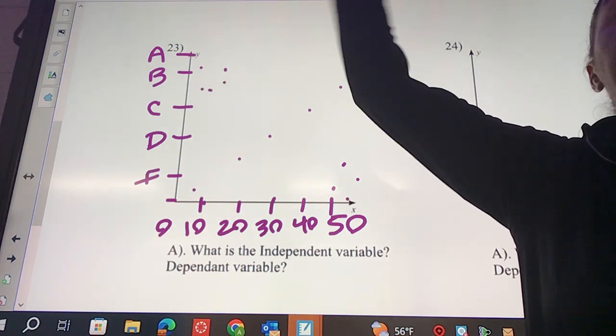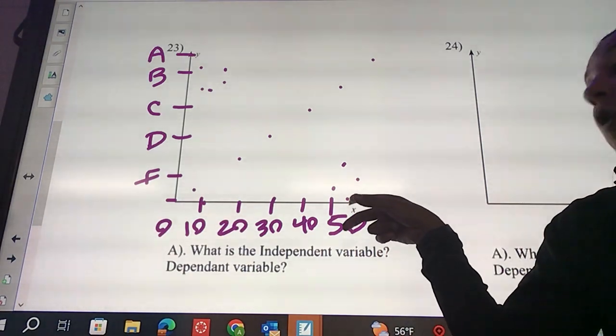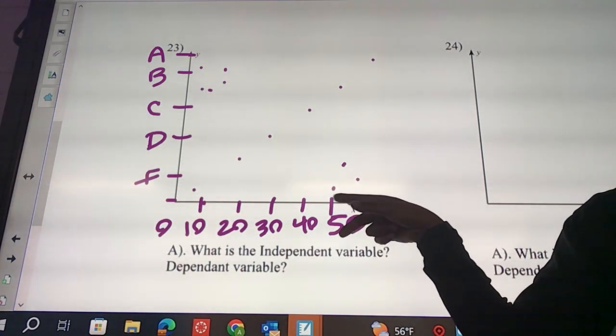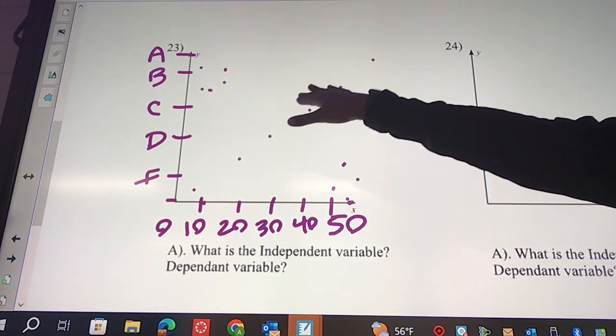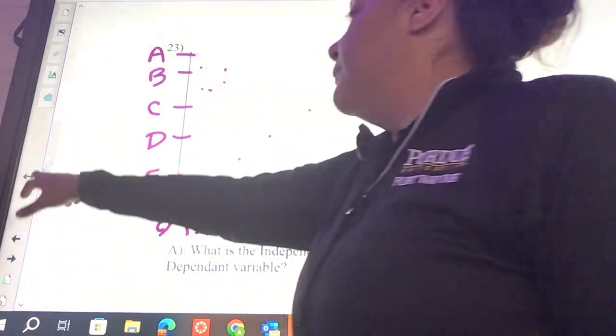Because they come in, they say, hey, what I miss? They do the work, whatever. There are some kids that come all of the time, and what kind of grade do they have? An F, right? Some people, no matter how hard they study, they're still gonna have a bad grade. But usually, the more we come to school, the better grade we have, right? Which one depends on the other one?